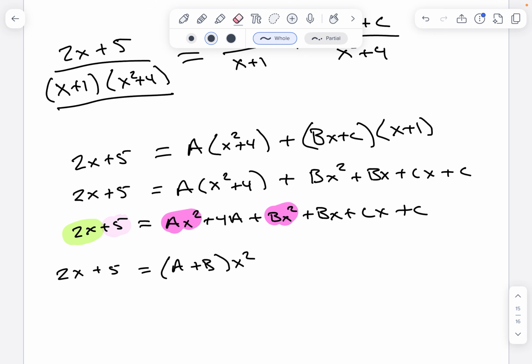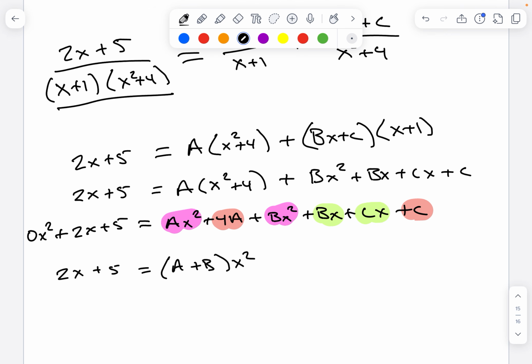I'm actually going to delete these two highlights. Then we have an x and an x, and then we have a variable without an x. So we want to get that in that form. Notice how on the left side there is no x squared term. That just means that this is a 0 right here.